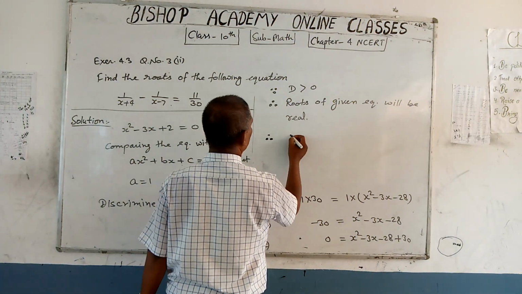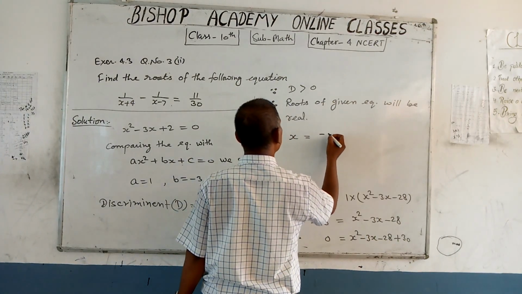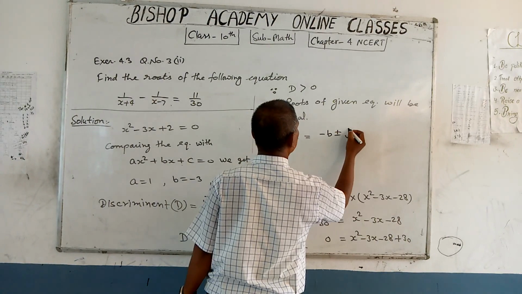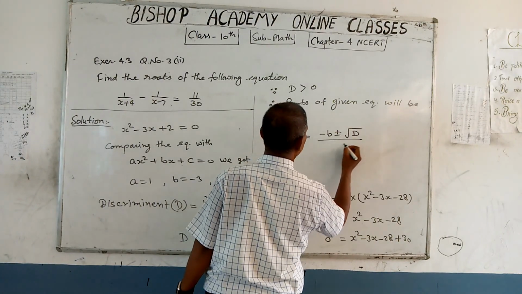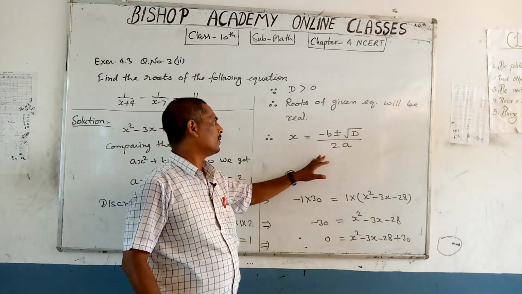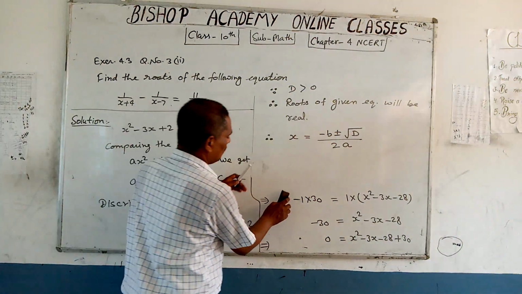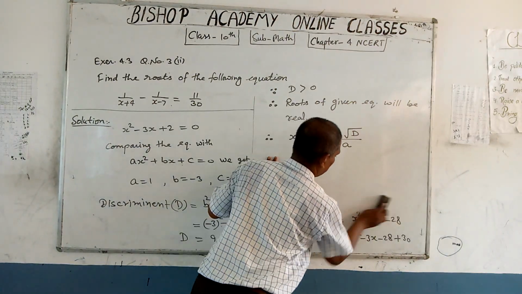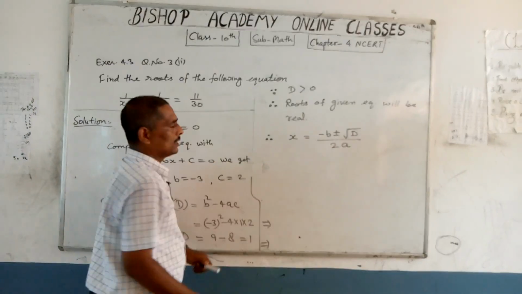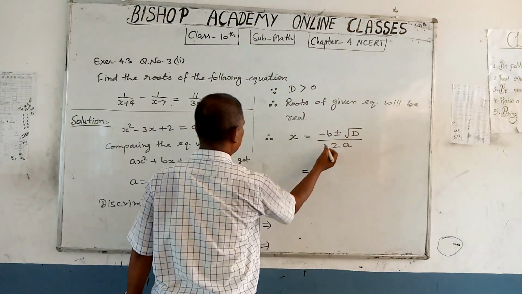So roots x is equal to minus b plus minus under root discriminant upon 2a. This is quadratic formula to find the roots of quadratic equation. So let us find the roots now.